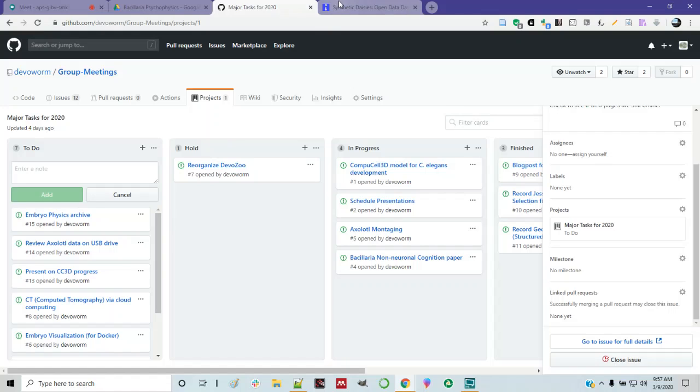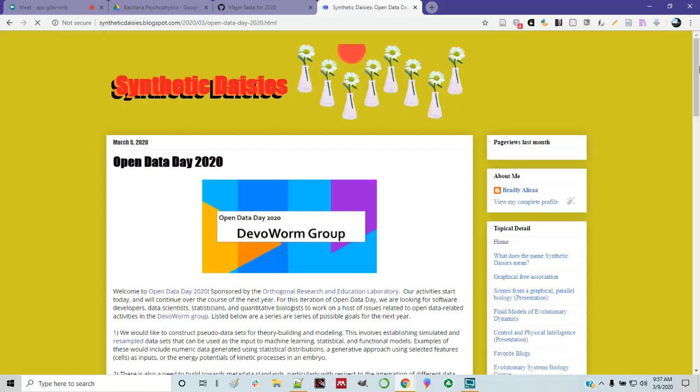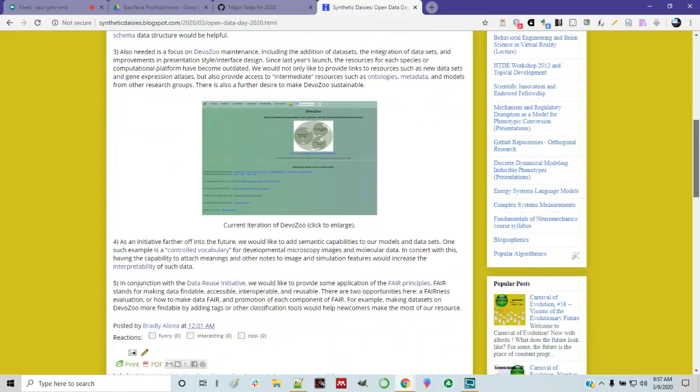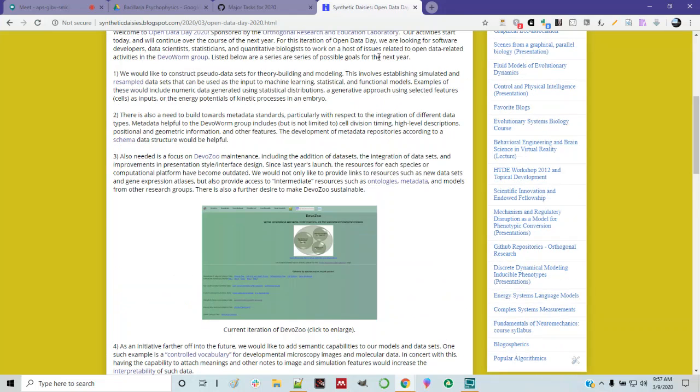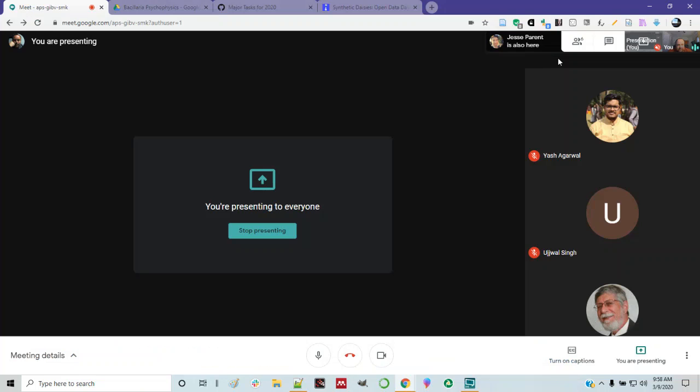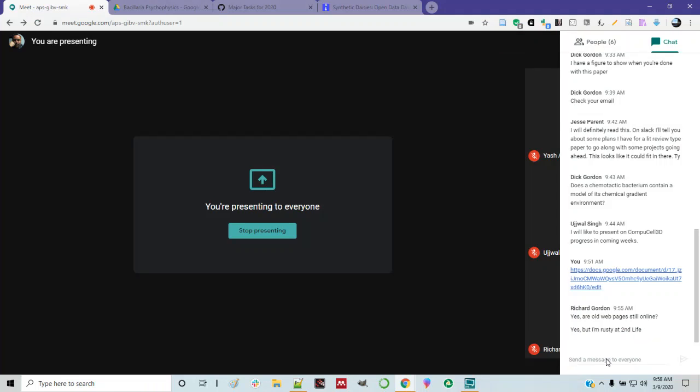I'm going to take off of this blog post, and I don't know if people have seen this in this group. I think I mentioned it to my other group. There's a blog post for Open Data Day, and I laid out some of the things to be done. It's just a rough list, and those things are going to be put on the major tasks. We already have the DevoZoo.